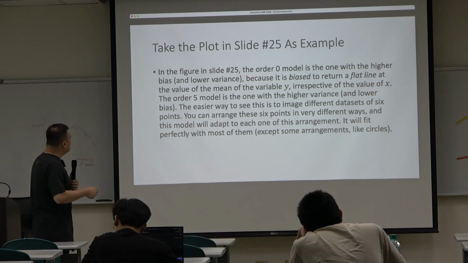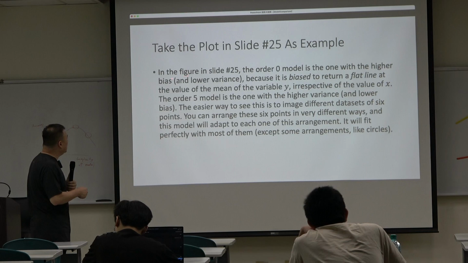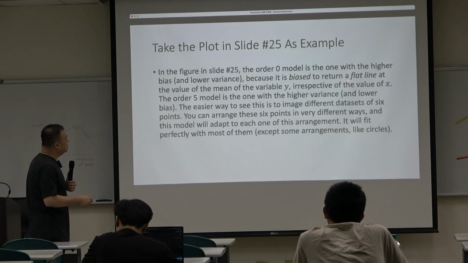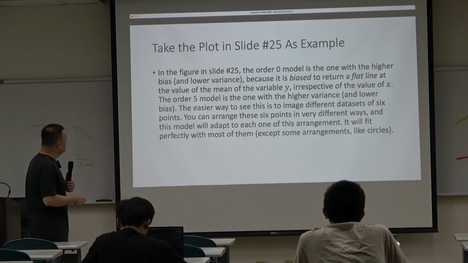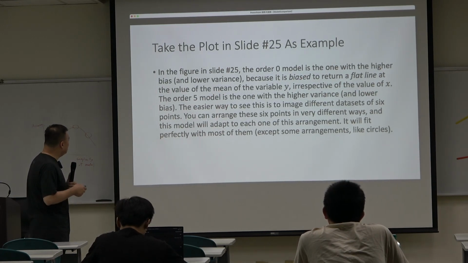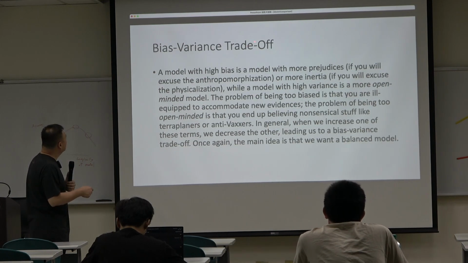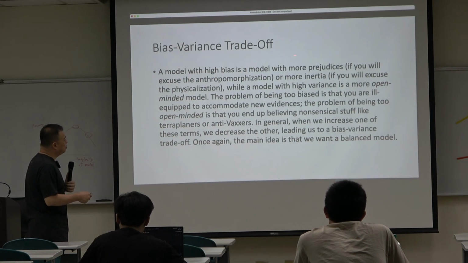So in slide 25, the order 0 model is the one with the higher bias, because it's biased to return a flat line. So I think I already mentioned that. A model with high bias is a model with more prejudice.